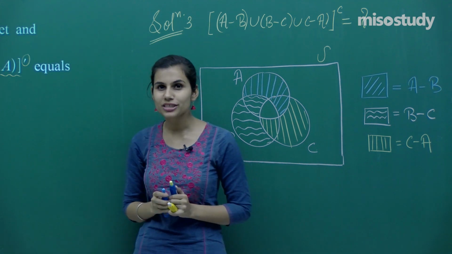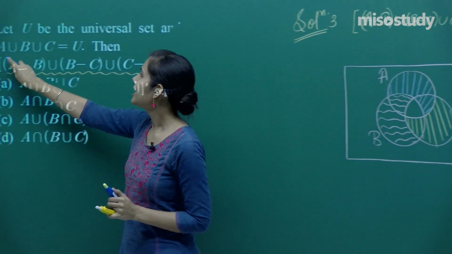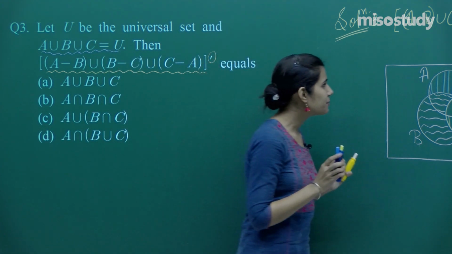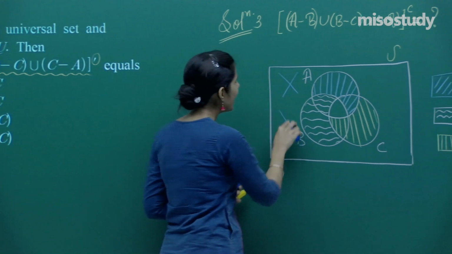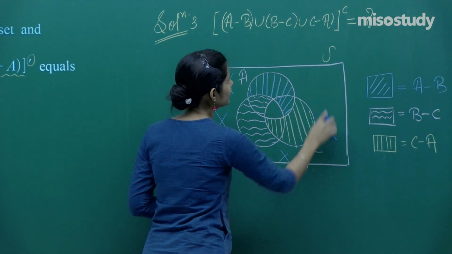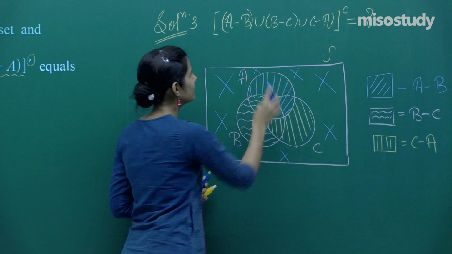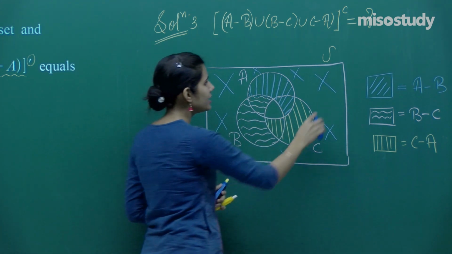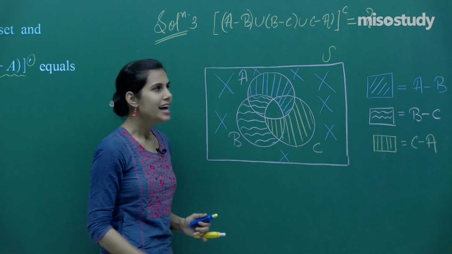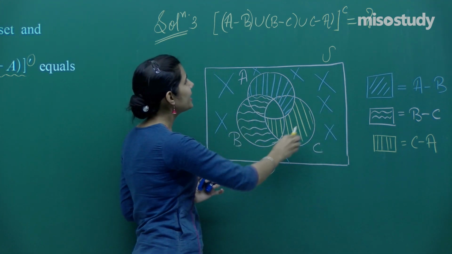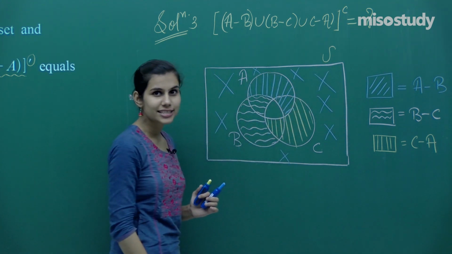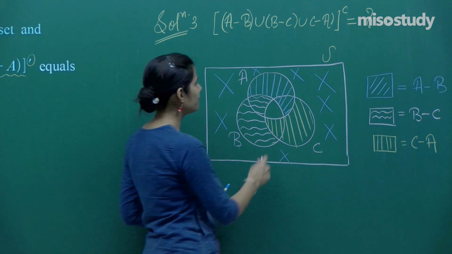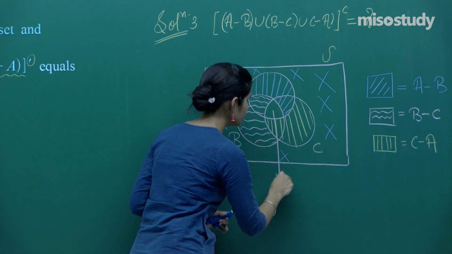But now the question comes into the picture. It is saying that A union B union C is the universal set. That means this complete blank portion does not exist. The universal set minus all these three sets, there is nobody sitting inside here, and therefore A union B union C is equal to the universal set, and avoiding the shaded region, the only region that is left is this particular region.